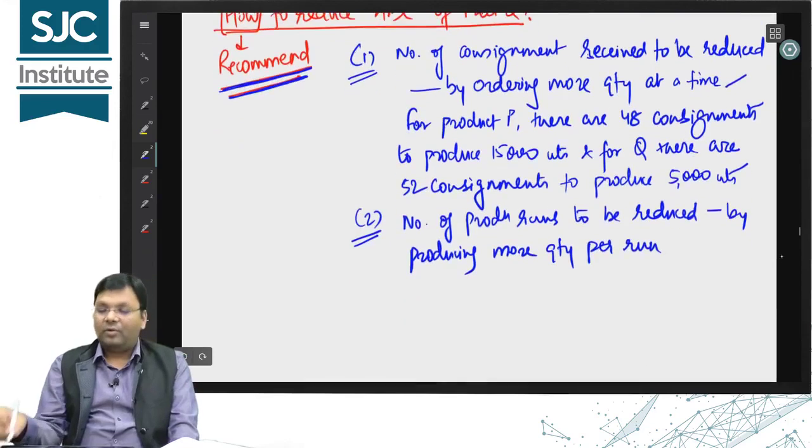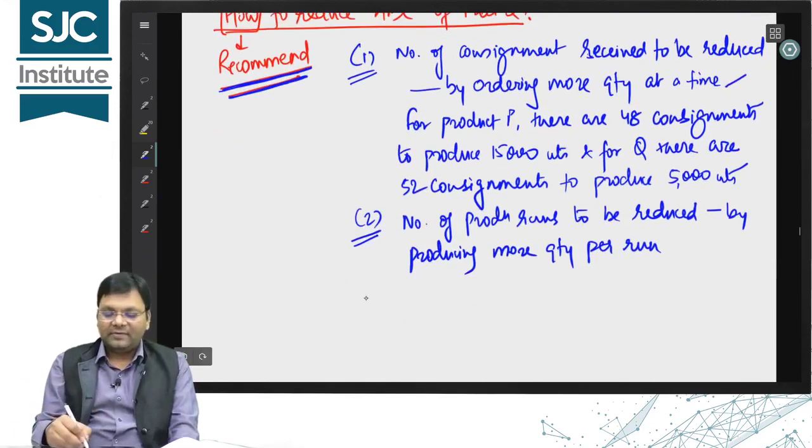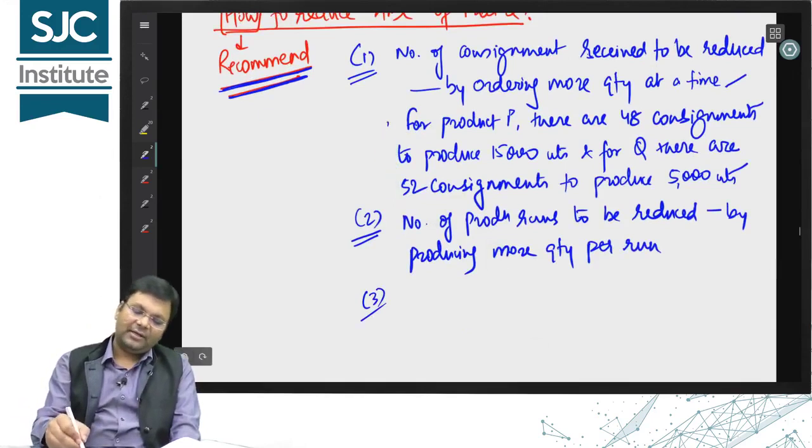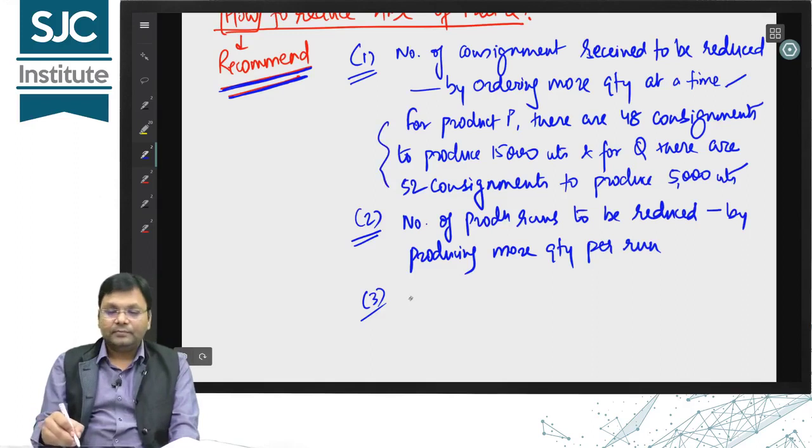If we have more quantity per run, automatically the number of runs will be reduced. So this can again be substantiated with the figures of P and Q. I am not elaborating the substantiation here.